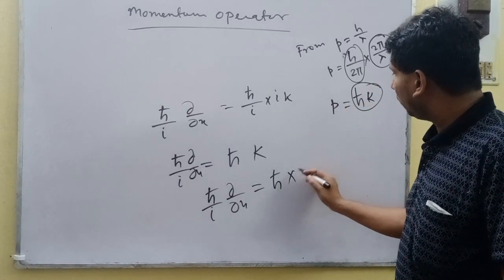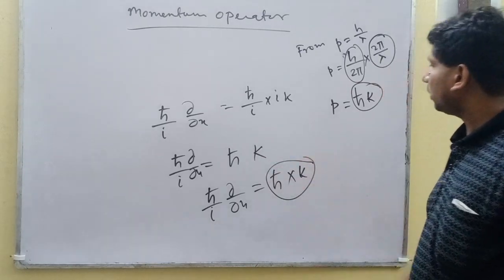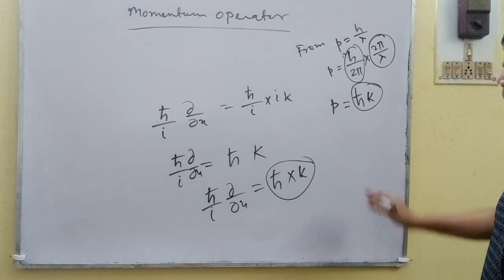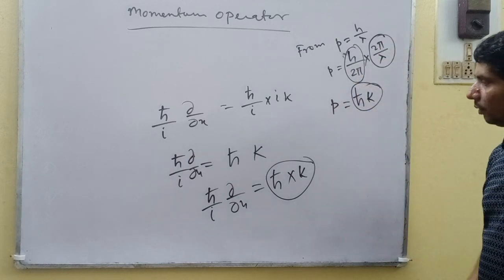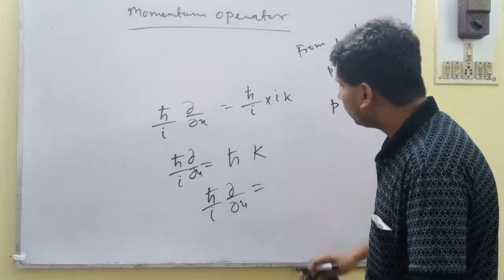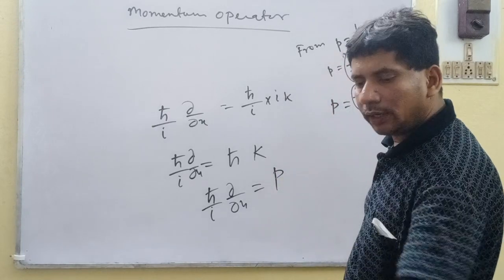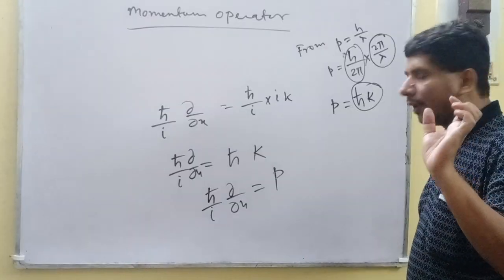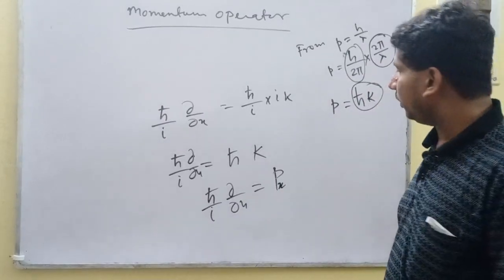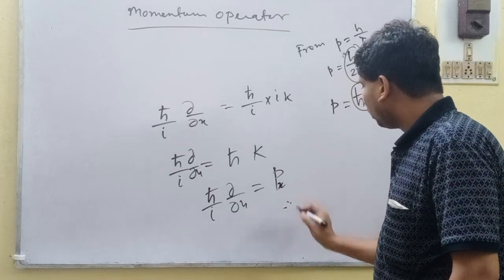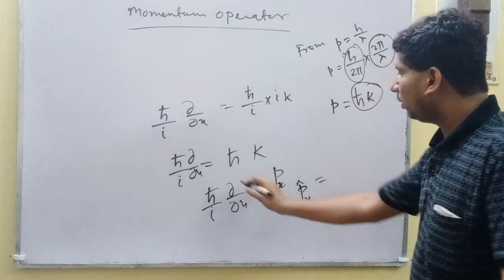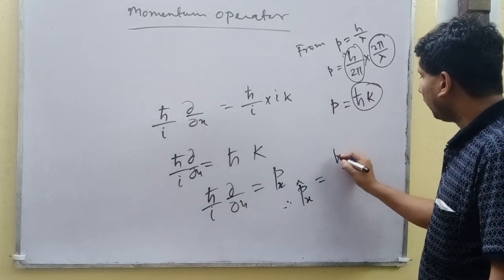Okay, then h cut into k. This is actually momentum. So we can rewrite this. This is a momentum, and since it is only in the x direction, this momentum is in the x direction.